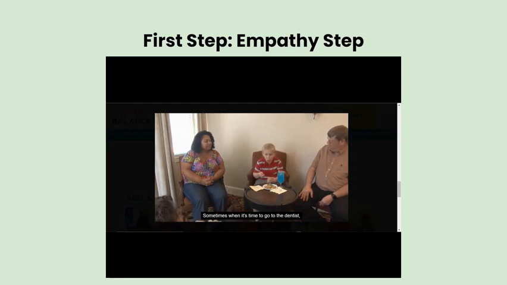Sometimes when it's time to go to the dentist, you're listening to some beautiful music on a radio station. And when I go to the dentist, the radio station is on only when I go to the dentist. The music on the radio station is on when you're supposed to be going to the dentist. Yes. And you don't want to miss it. Yes. Do I have it right?